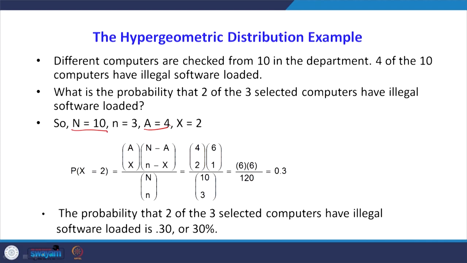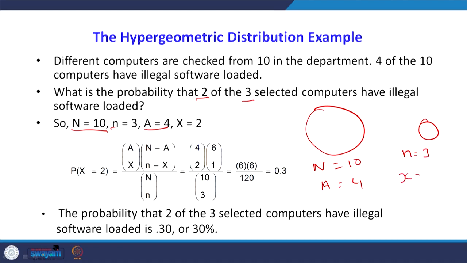Then what is the probability that 2 of the 3 selected computers will have illegal software loaded. So, X equal to 2. Here small n is 3. There are two things here, one is for the population: in the population capital N equal to 10, capital A equal to 4. For the sample, n equal to 3.